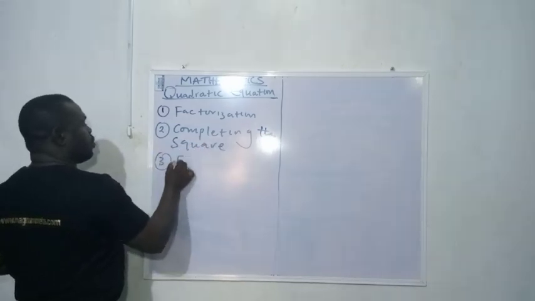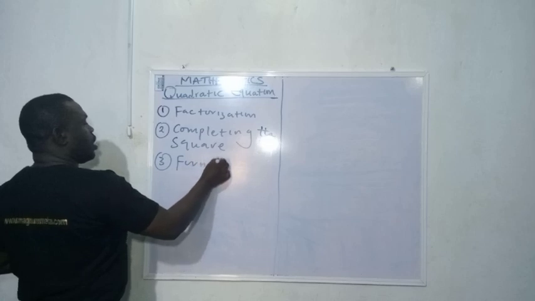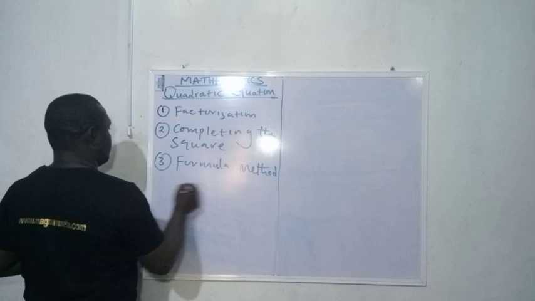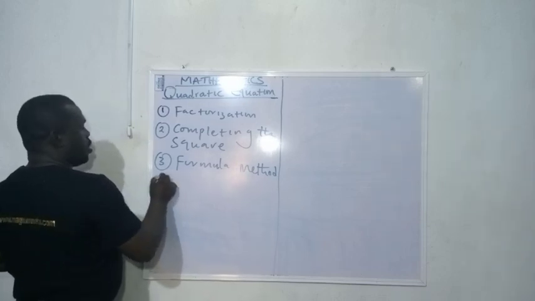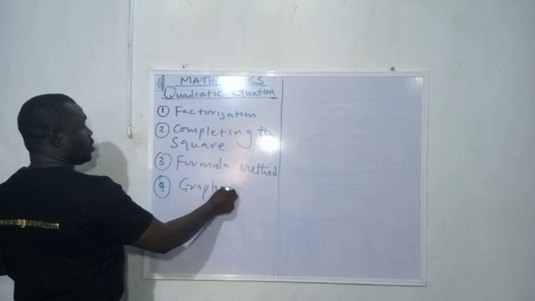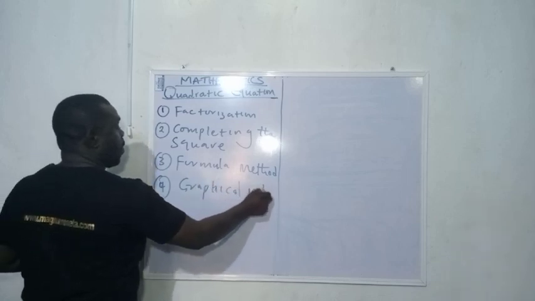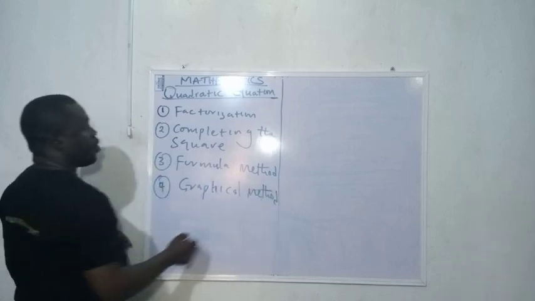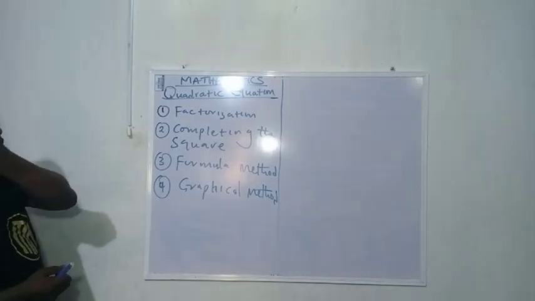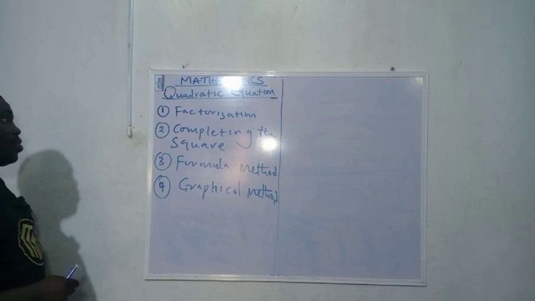Number 3 is the formula method, what a lot of students call almighty formula. There's no almighty there. Number 4 is graphical method. These are the 4 methods of solving quadratic equation.